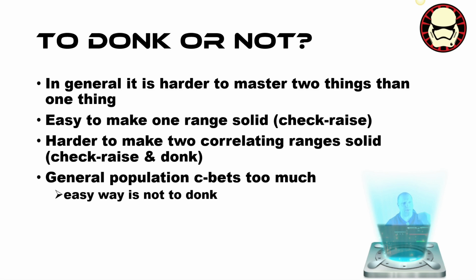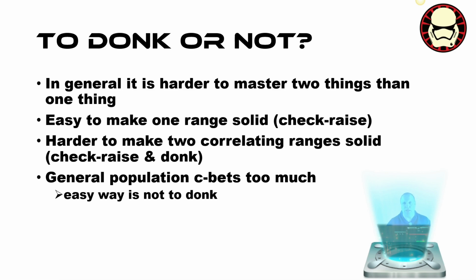One thing to think about is that the general population c-bets way too much compared to solver strategy, if we use solver strategy as one starting point. They c-bet too much and their c-betting ranges are bad. The easy solution to adjust to that is not to donk.